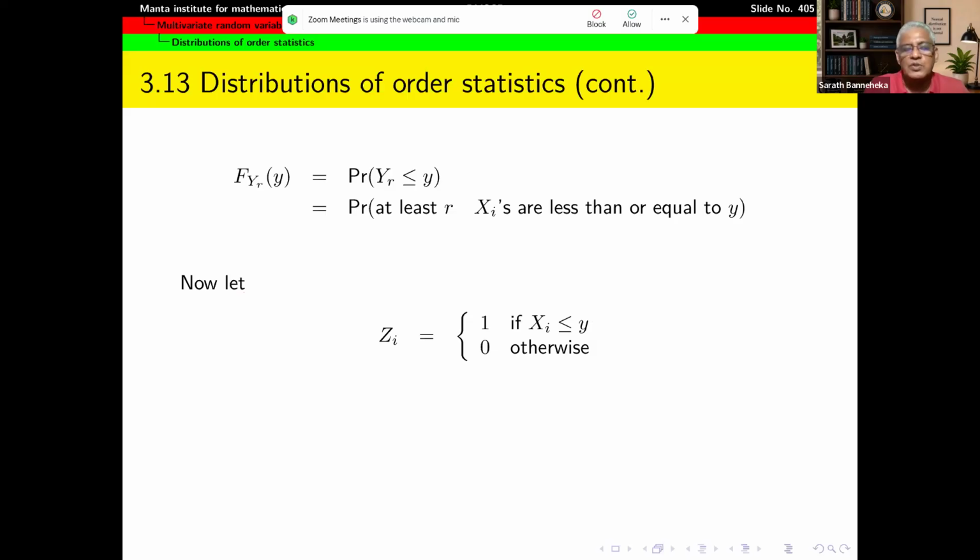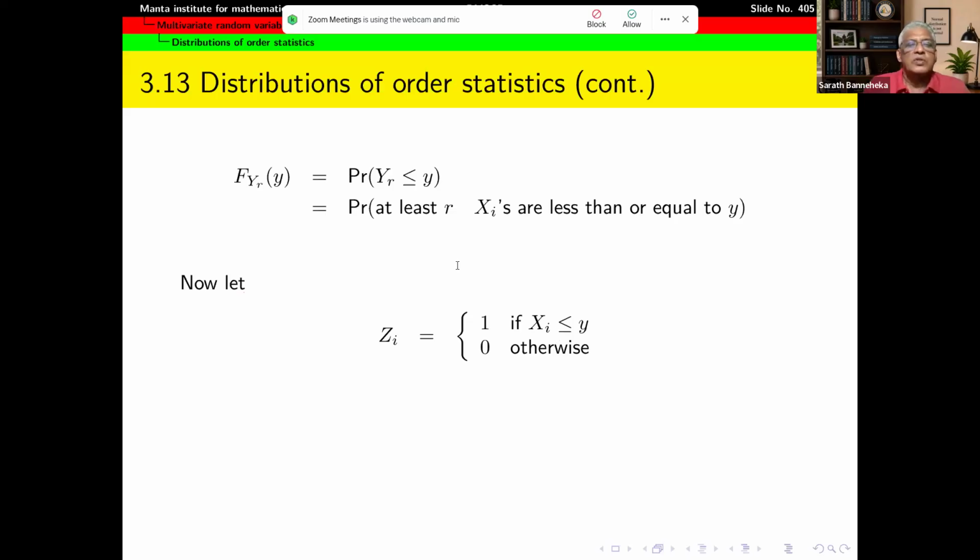So we can say that Zi is a Bernoulli random variable with probability of success, that is the probability that Zi is equal to 1, equal to the cumulative distribution function of Xi evaluated at y. The cumulative distribution function is a probability always, so that is the probability of success in this case.